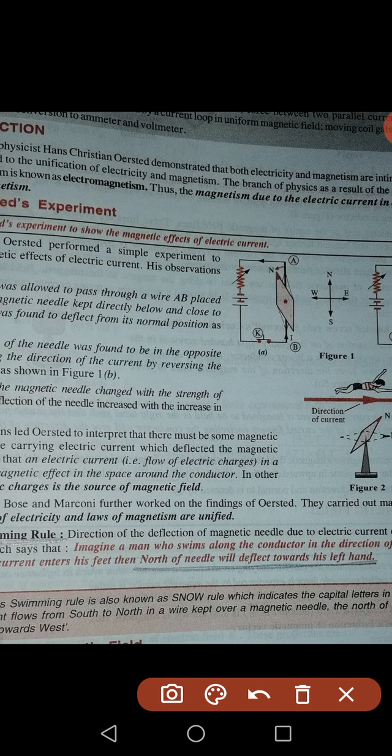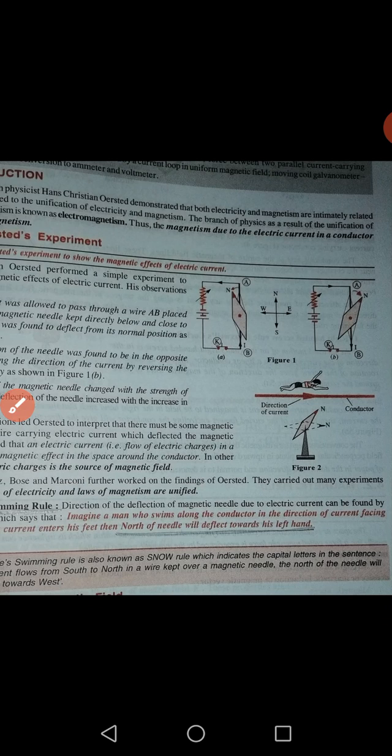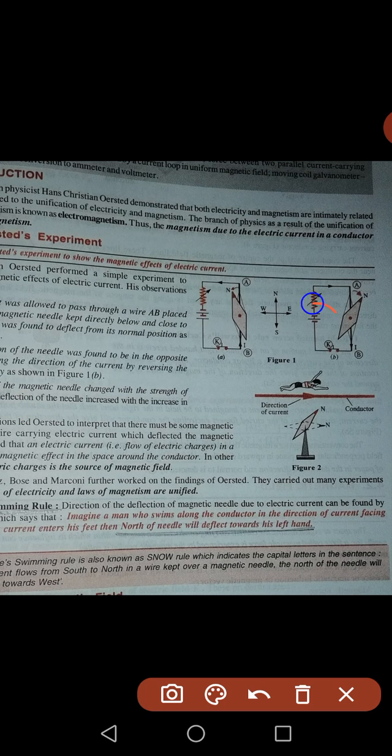The same kind of experiment he performed like this, just changing the polarity of the battery. That means initially positive was this side, now negative is this side, and he saw that the current is flowing in the opposite direction, obviously, and at the same time the needle also shows deflection in the opposite direction.